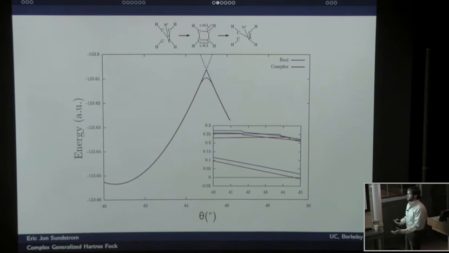If I do the block diagonalization from the real RHF into the real RHF space, I get these blue eigenvalues. So you can see that it never becomes unstable with respect to restricted. But if you do the block eigenvalue problem towards the complex space, you see that at this fine point right here you end up with a 0 eigenvalue, and you can follow that to the lower solution. So that's just how I find these solutions.